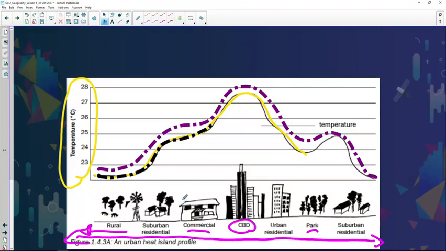The amount of cars also adds to this urban climate. The amount of electricity that we use also adds to this urban climate. And that's the reason, and we're going to look in detail after the break, why these areas experience warmer conditions than the surrounding rural areas.